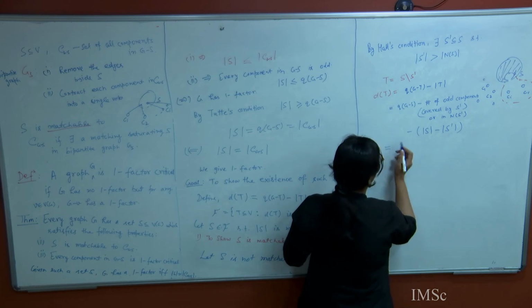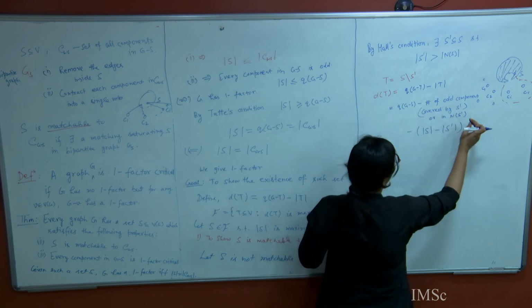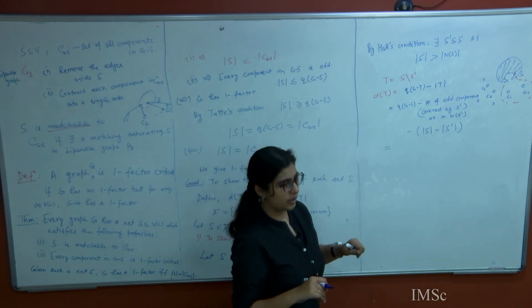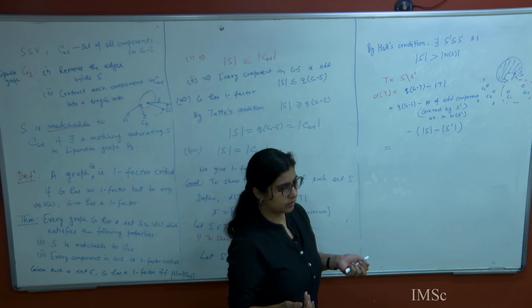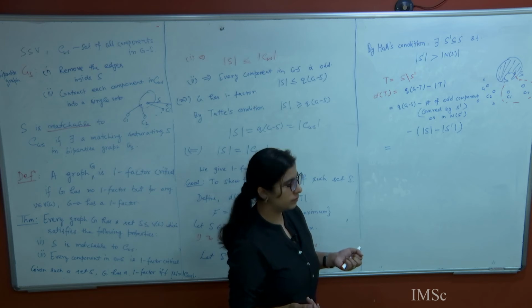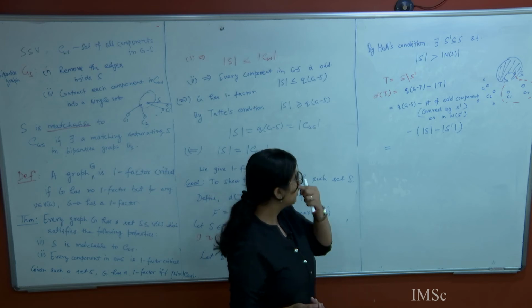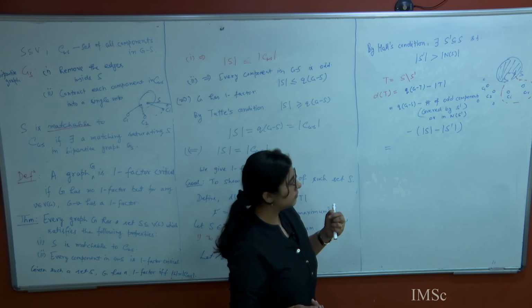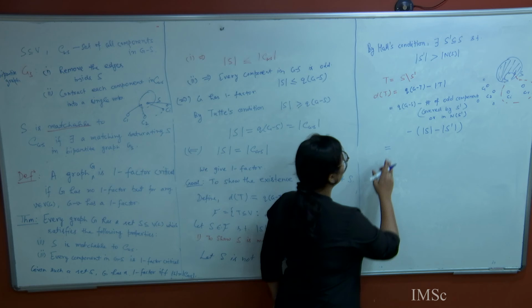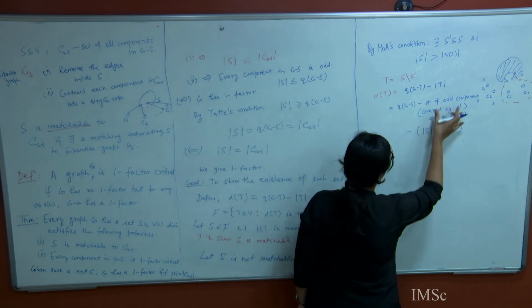Right. Now, what is this number? How many odd components can be in NS prime? At most cardinality of S prime, right? So, at most cardinality of S prime.